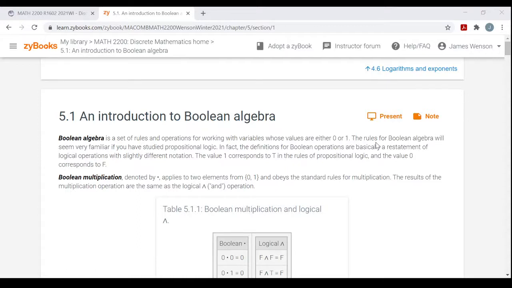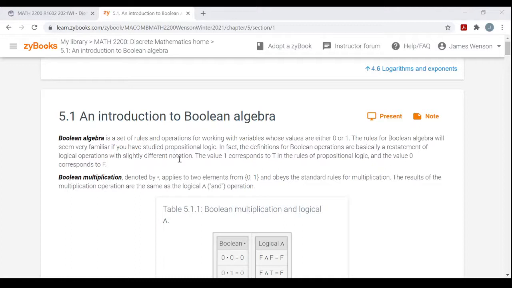As they're saying here, the rules for Boolean algebra will seem very familiar if you have studied propositional logic back in Chapter 1. In fact, the definitions of Boolean operations are basically a restatement of logical operations with slightly different notation.